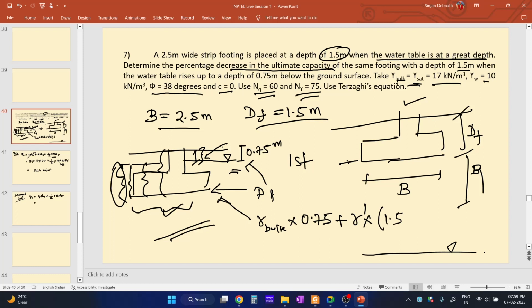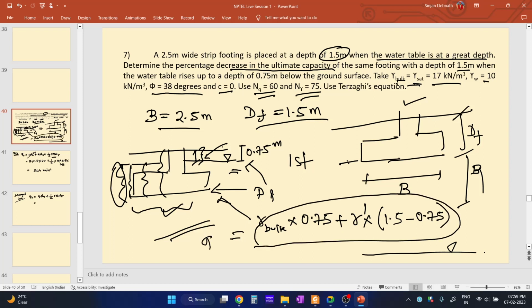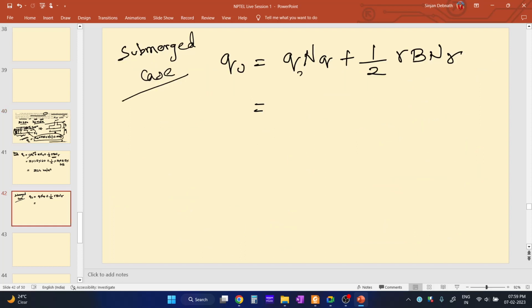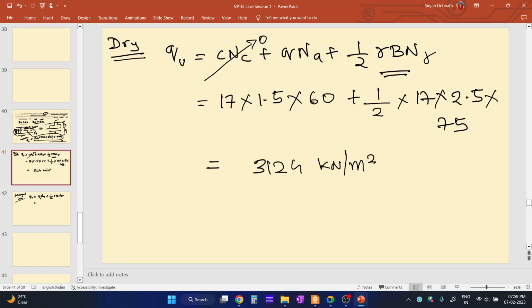So 1.5 minus 0.75. This one is the value of q for the second case, q2. This one is q1 and this one is q2.